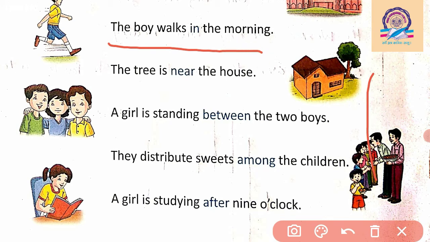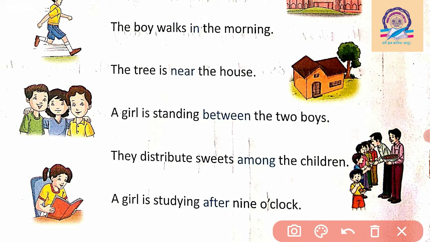Here the time is given: in the morning, in the evening, in the noon. So "in" is also used for the duration of time you are talking about. So in the morning, in the afternoon, in the evening, in the night.